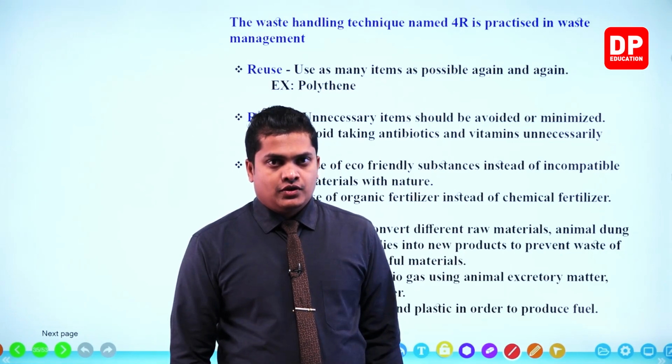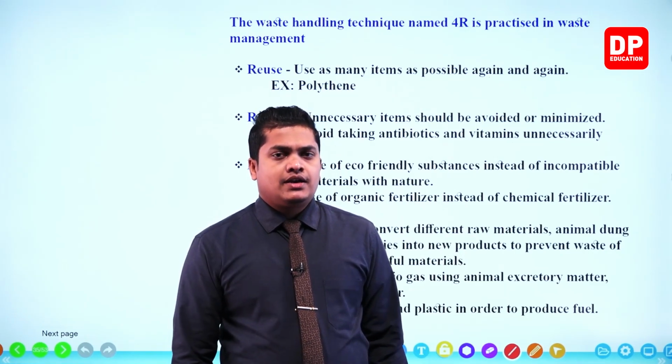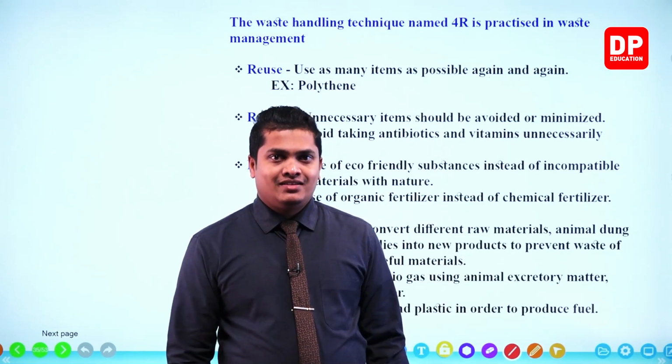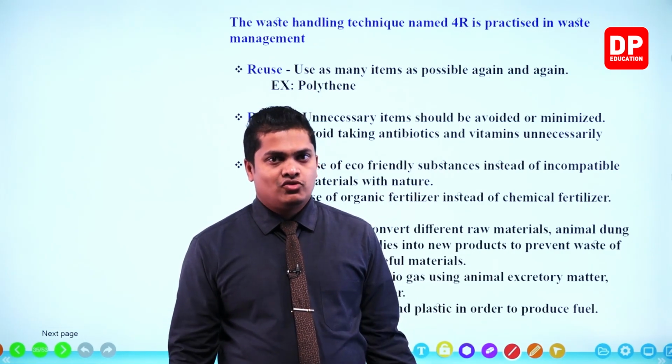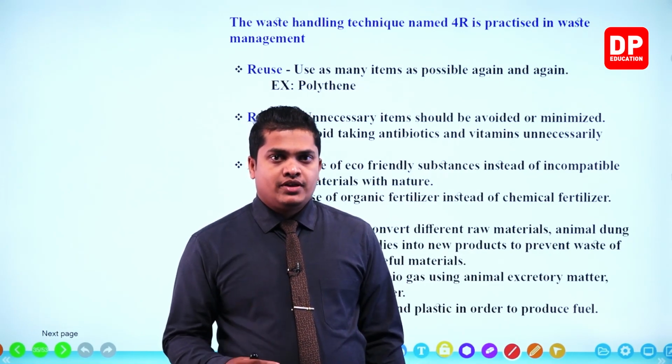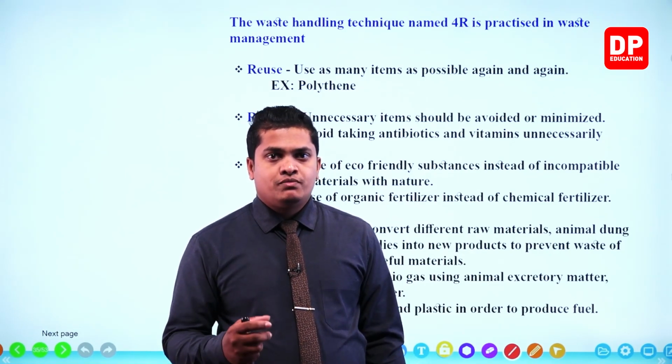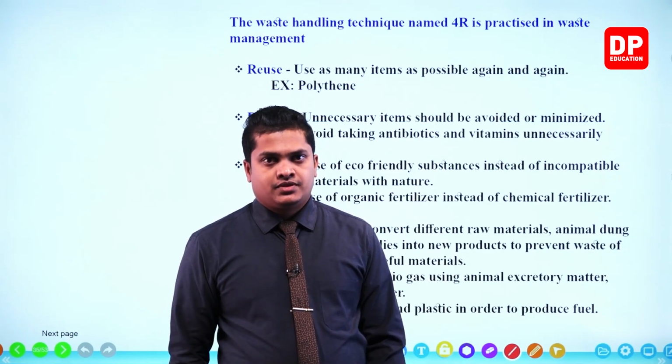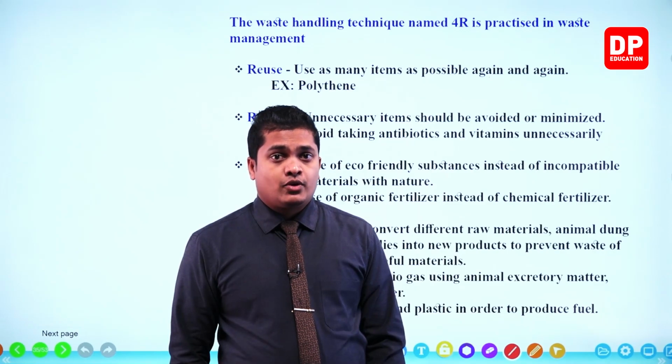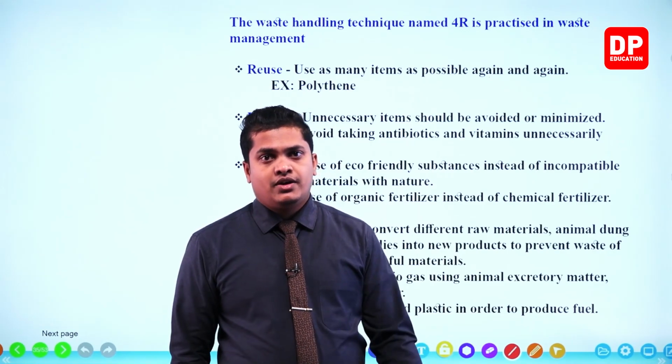Okay. So you know that dead plant and animal bodies, as they are dead, have no use. However, dead plant and animal bodies can be utilized to make biogas, my dear children. You know that dead plant and animal bodies release methane gas. Methane is the main component contained within biogas.